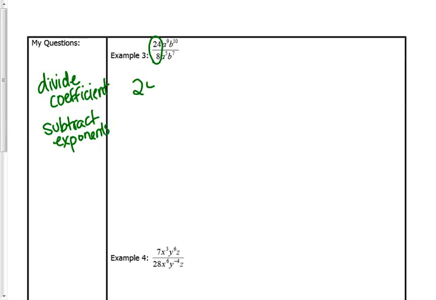So I have 24 divided by 8, which is 3, right? And then I'm going to take my a's. I have a to the 9th minus 5, because I'm going to take those two exponents and subtract them. 9 minus 5 is 4.